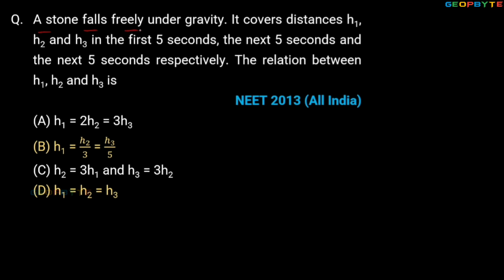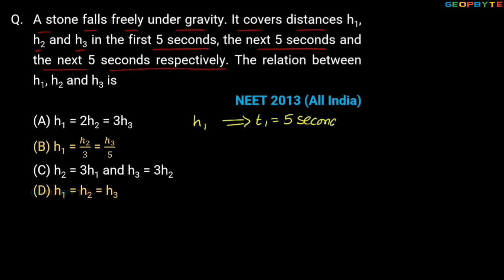A stone falls freely under gravity. It covers distances h1, h2 and h3 in the first 5 seconds, the next 5 seconds and the next 5 seconds respectively. That means h1 is the vertical distance covered by the falling stone when t1 equal to 5 seconds. Next, h2 is the vertical distance traveled by the same stone in another 5 seconds, meaning t2 equal to 10 seconds.